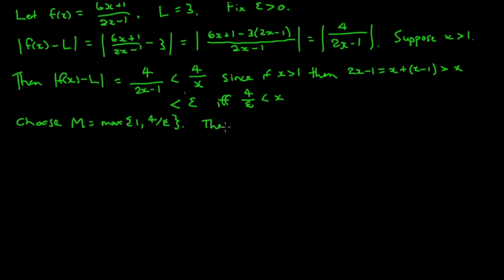Then if x is greater than M, then, well, firstly we know that x is greater than 1, and that means that all our logic is valid, and also x is greater than 4 over epsilon, which means that epsilon is greater than 4 over x, which is greater than this distance.